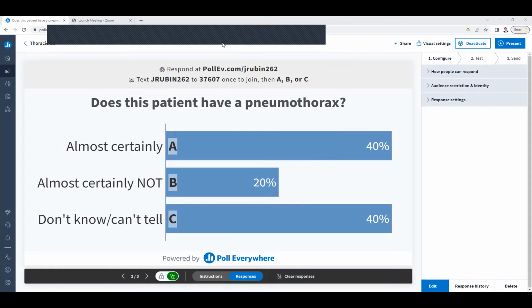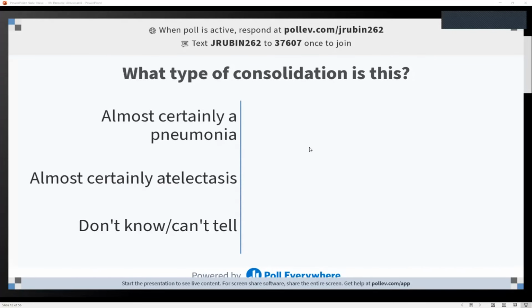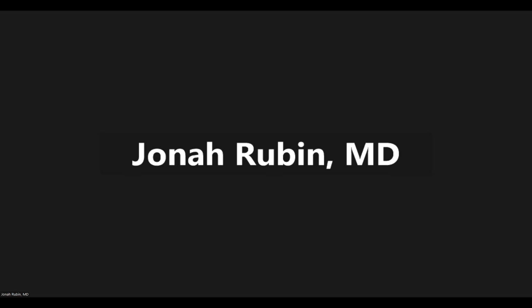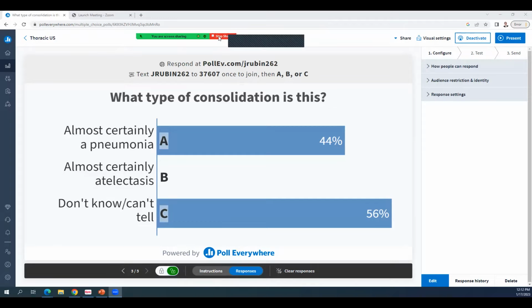And one last question for everybody. What type of consolidation is this? Almost certainly a pneumonia, almost certainly atelectasis, don't know, can't tell. Here's our answer. So we have 44% saying almost certainly a pneumonia and 56% don't know, can't tell.